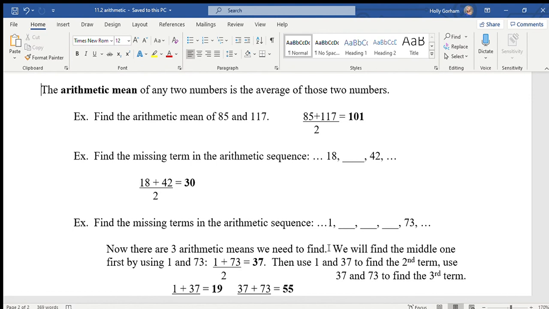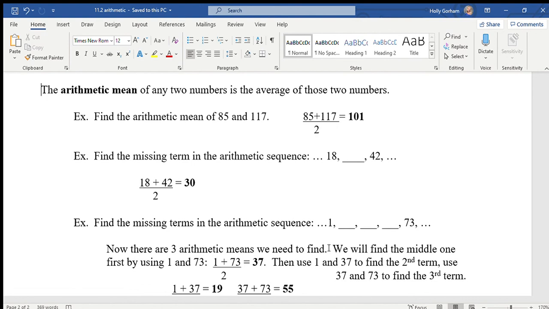You could extend this. On the third example, it says find the missing terms in the arithmetic sequence 1 blank blank blank 73. So now there's 3 numbers in between 1 and 73. Well, what you can do is you can simply find 3 arithmetic means. So if you start with the 1 in the middle, you would do 1 plus 73 and divide by 2. That gives you 37.